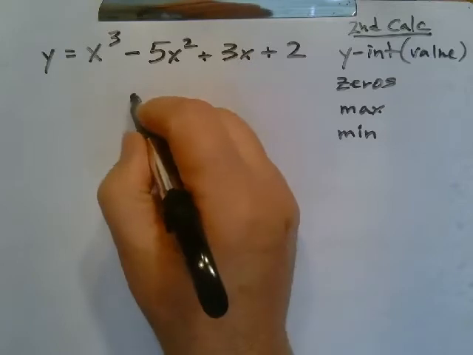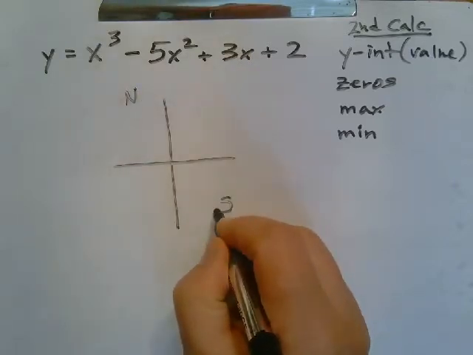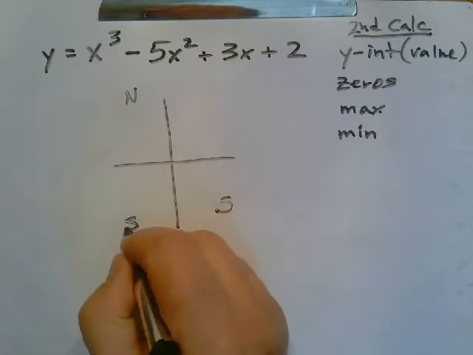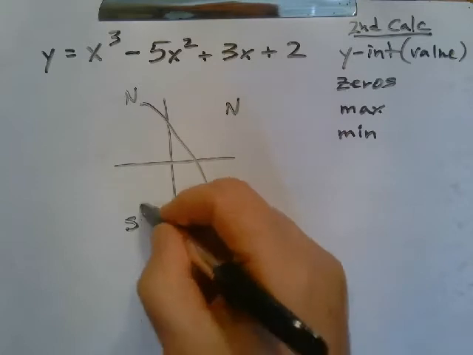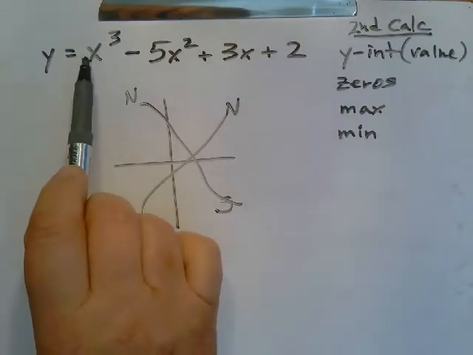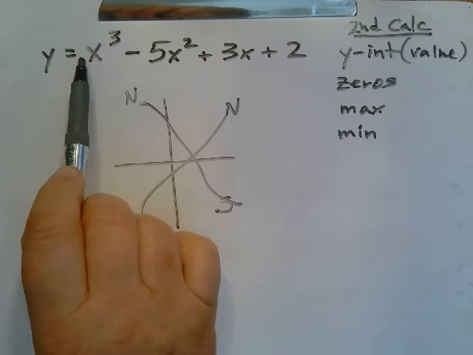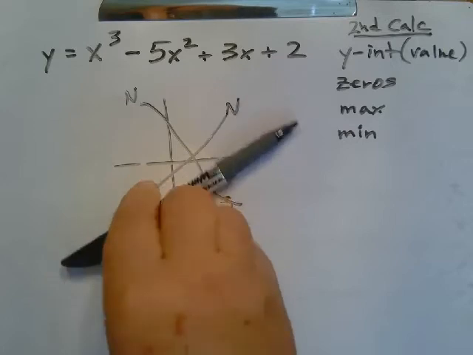So I expect it to either come in the north and go out in the south, or vice versa, come in the south and go out in the north. Which way is it? Well, that's determined by the fact that this is a positive leading coefficient. So I'm expecting it to have a positive slope to it, something like this.